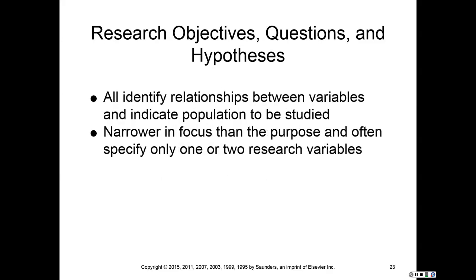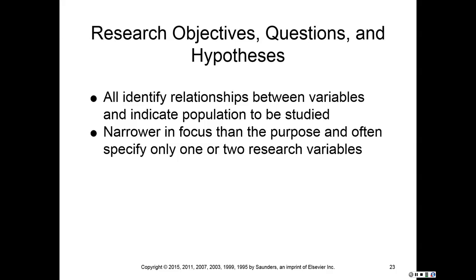Fourth, research objectives, questions, and hypotheses. These identify relationships between variables and indicate the population to be studied. It's narrower in focus than the purpose. Purpose is more general, and often specifies only 1 or 2 research variables. So in your textbook, the author describes a research study that had this objective.